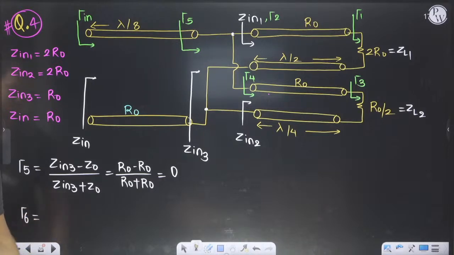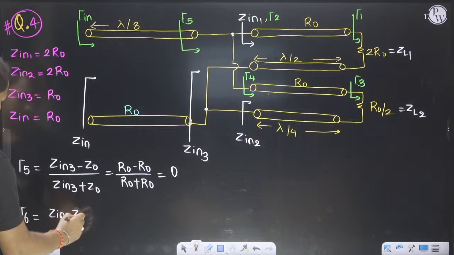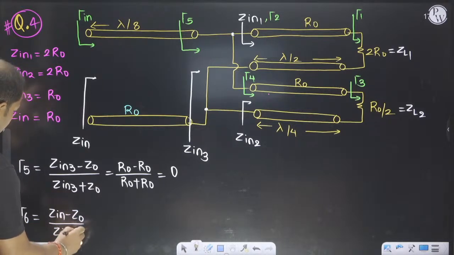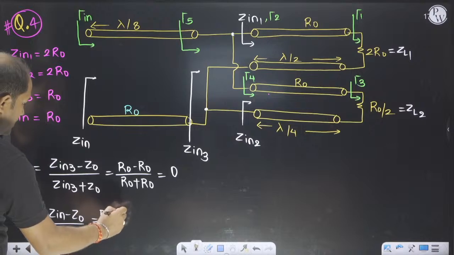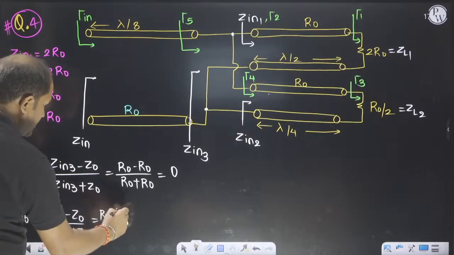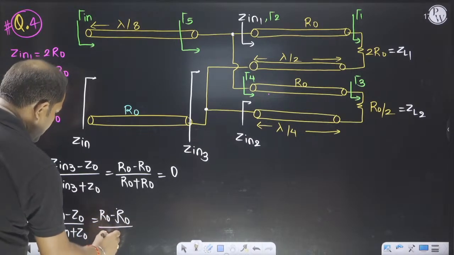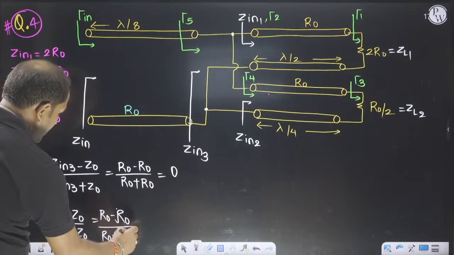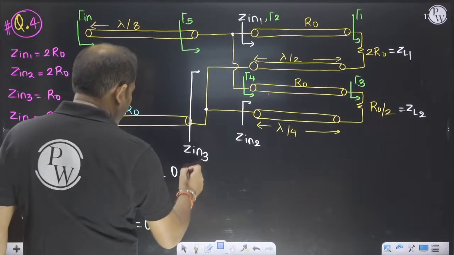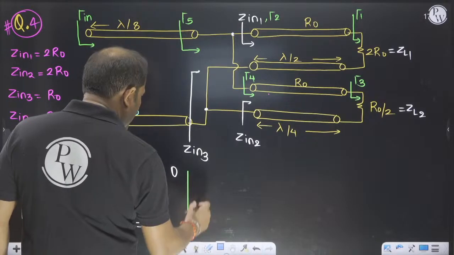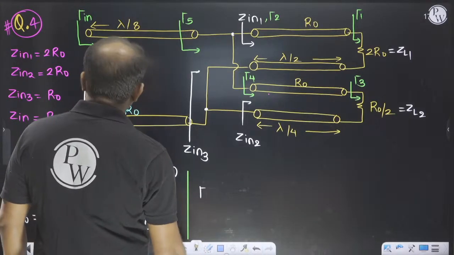Gamma 6 is (Zin minus Z0) divided by (Zin plus Z0). Zin is equal to R0, so R0 minus R0 divided by R0 plus R0. It will be 0. Then we can use the formula for gamma in.